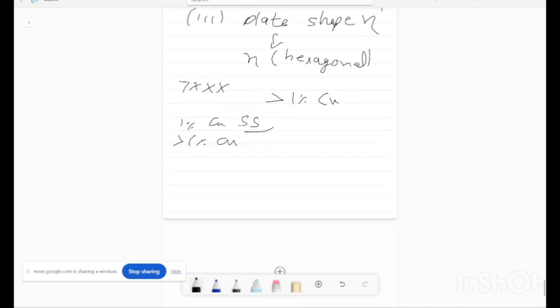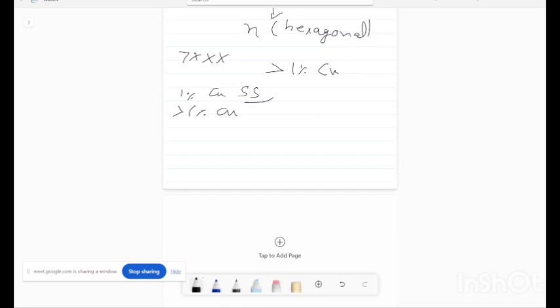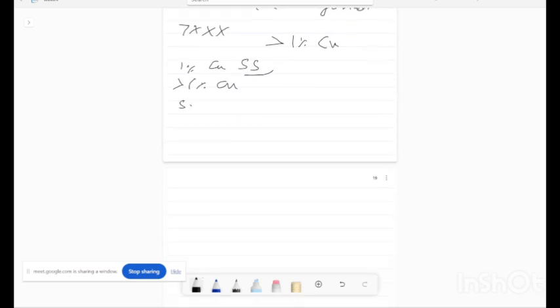and the increase in copper content also increases the solvus temperature. What is the effect of the solvus temperature increase? As the solvus temperature is high, precipitates can nucleate at higher temperature also, meaning the nucleation will start at higher temperature as compared to the previous case where the solvus temperature is low.